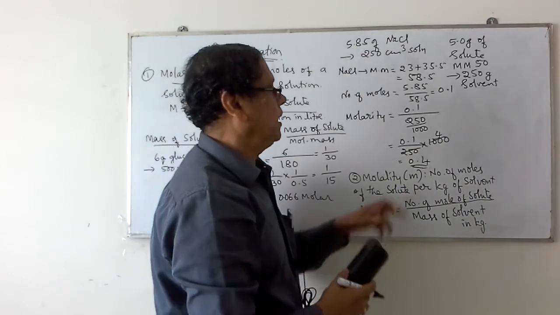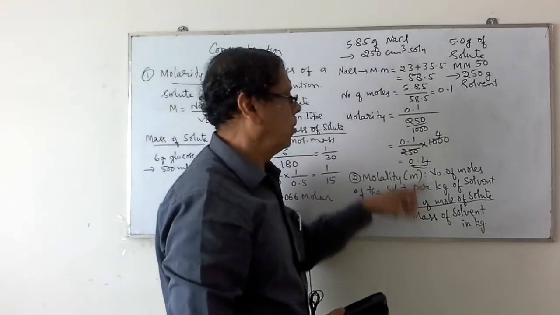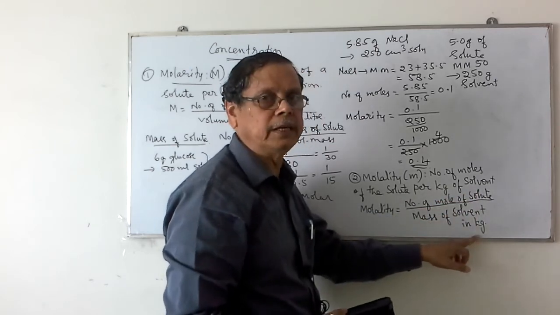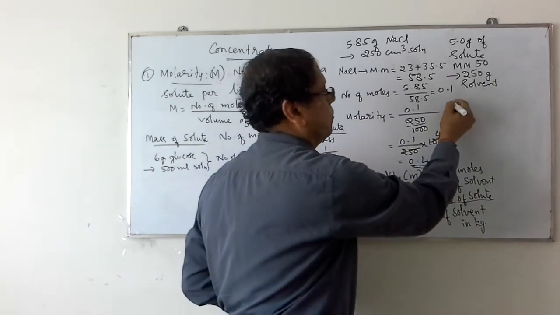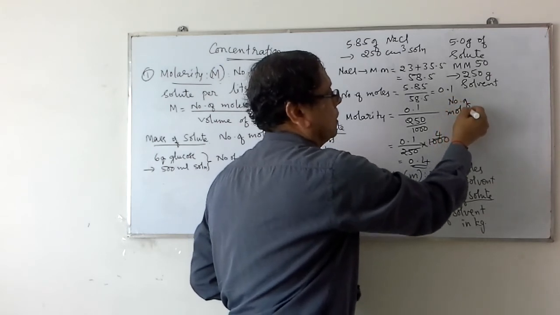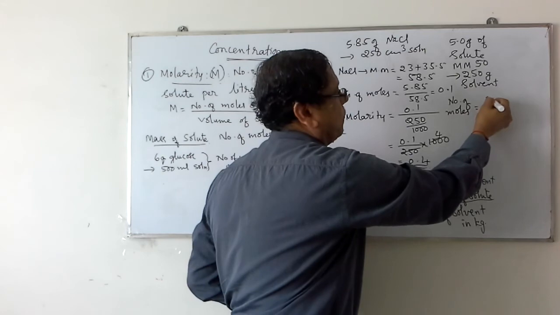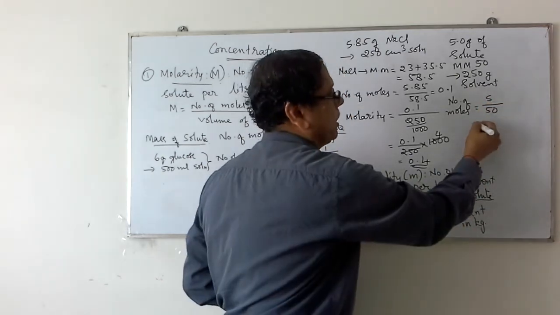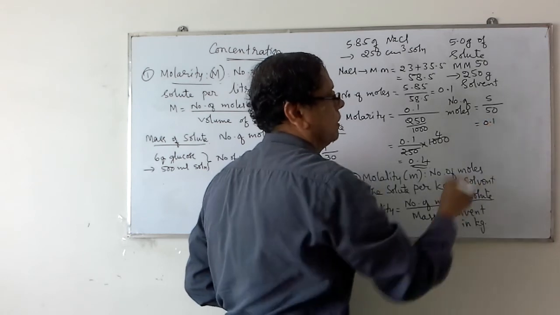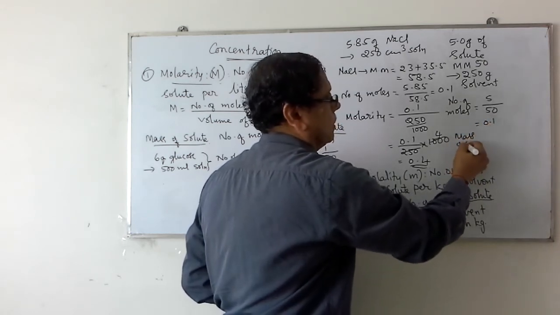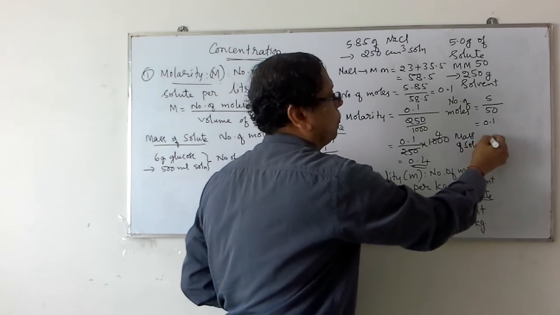So first you calculate as usual the number of moles. Molality is equal to number of moles of solute divided by mass of the solvent in kg. Number of moles is equal to mass 5 divided by 50 molar mass. So this will give rise to 0.1. Then the mass of solvent is 250 grams.